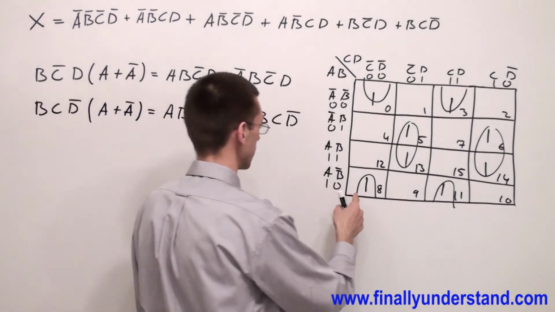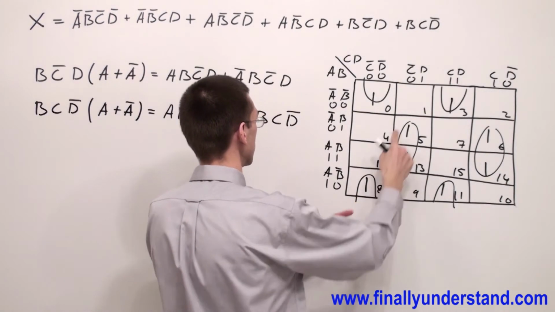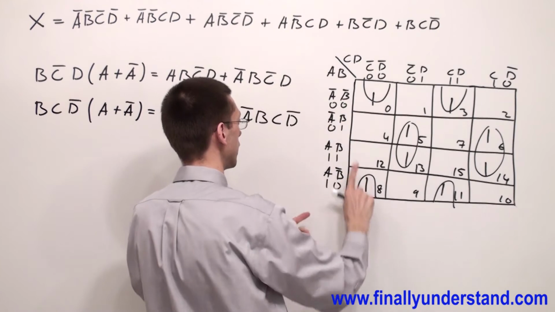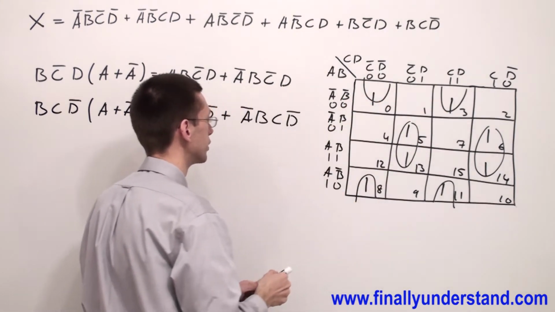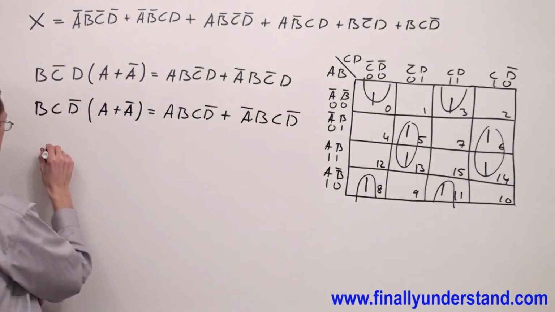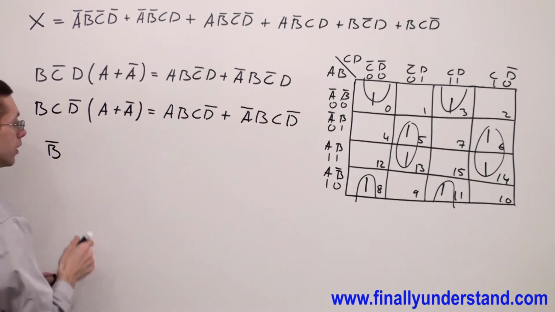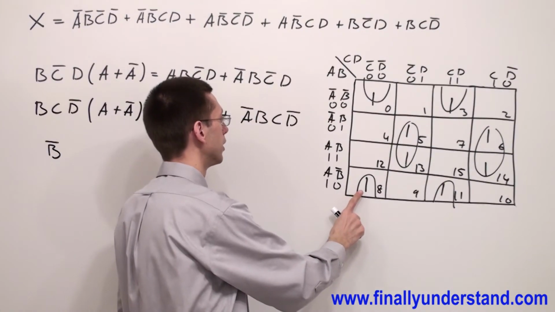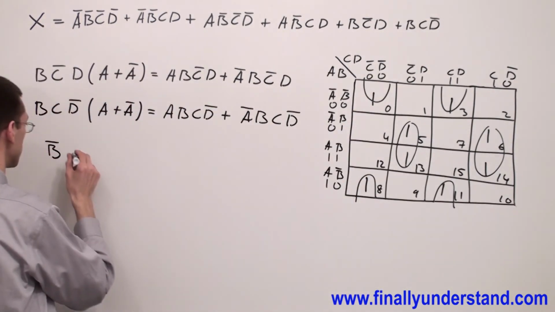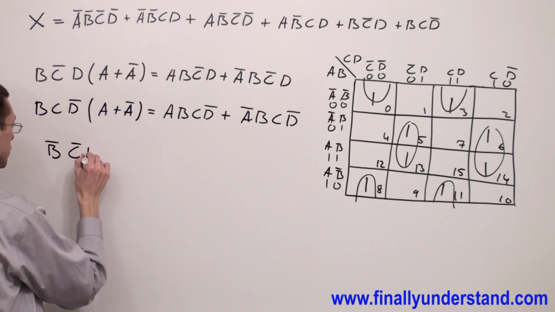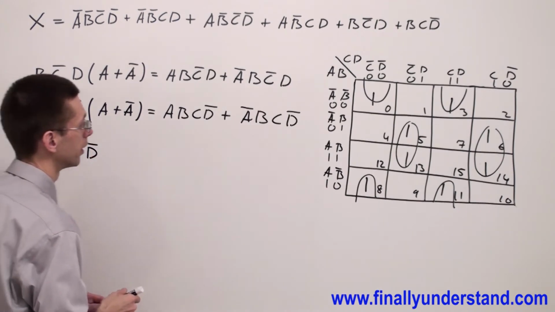Let's start from the first one. This group is placed in 2 rows and 1 column. The common variable for these 2 rows is b naught. At the top of this column we have c naught, d naught.